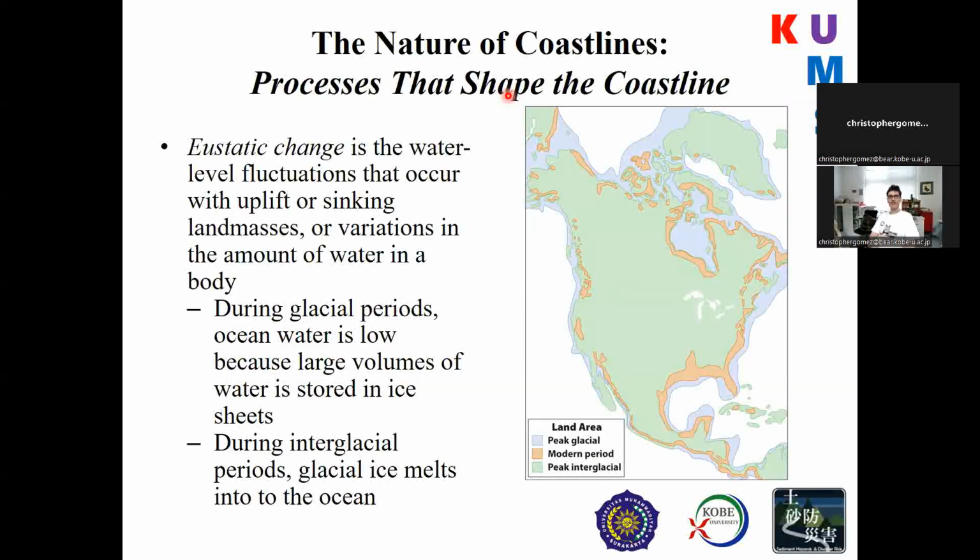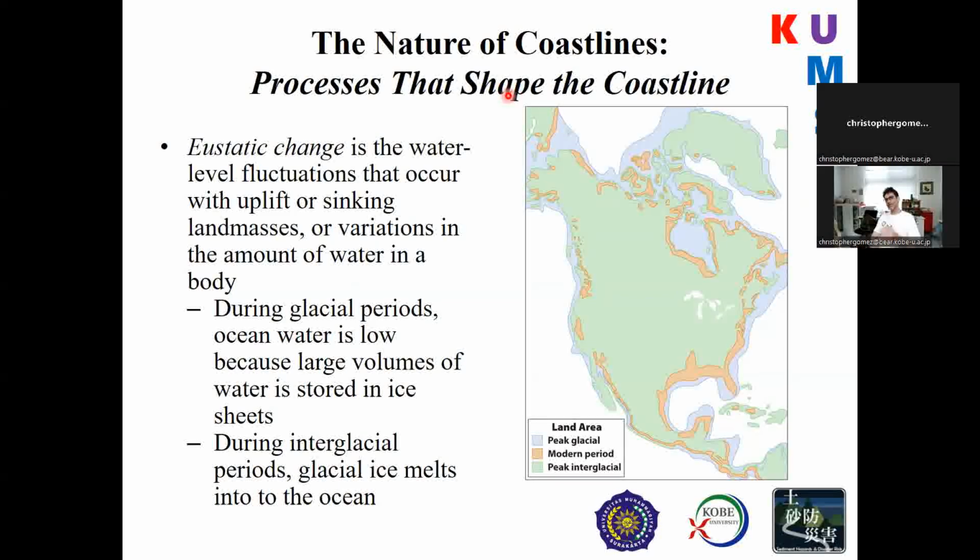The nature of coastline, the processes that shape the coastline. Well, at the global scale, the continental scale, very large scale, one of the important elements, if not the important element, is the eustatic change, which is the water level fluctuation that occurs when uplift or sinking is occurring.